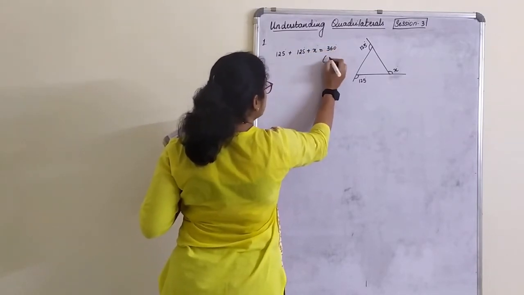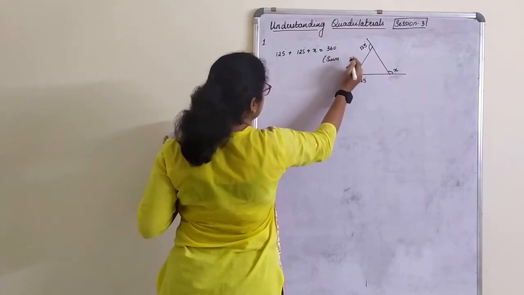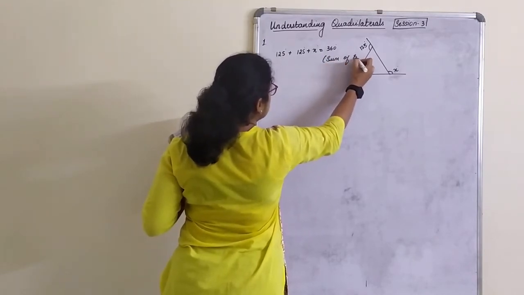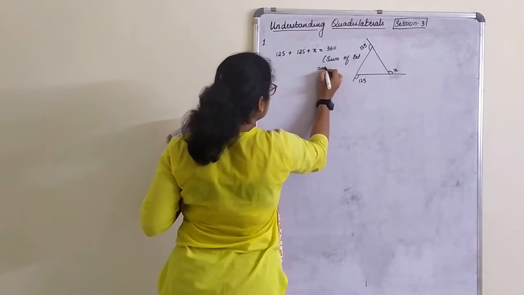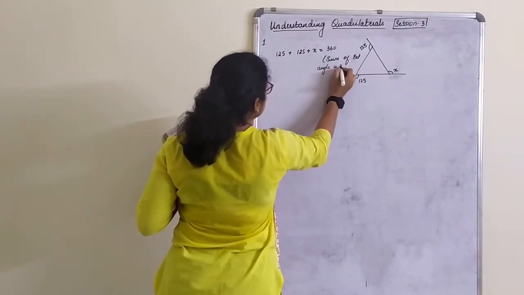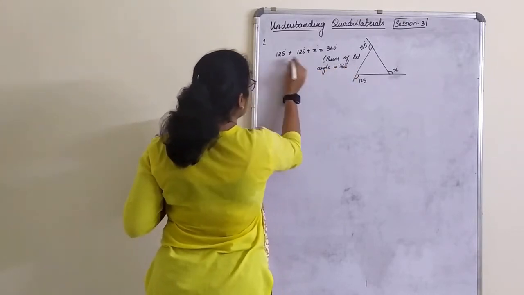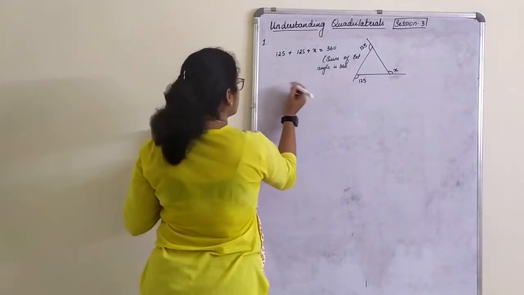What will you write here as the reason? Sum of exterior angles is 360. Okay, 125 plus 125 is 250.